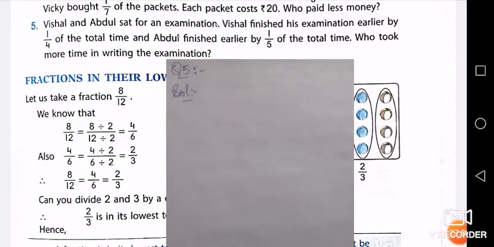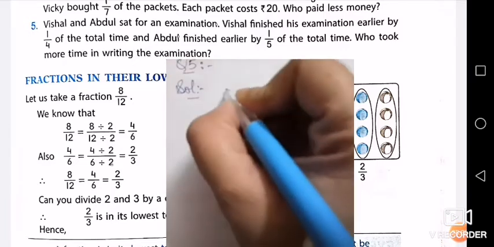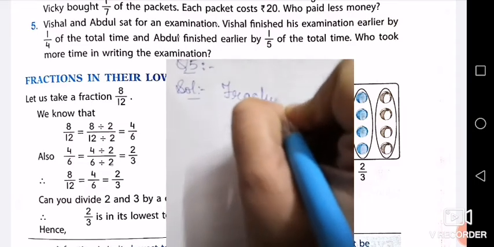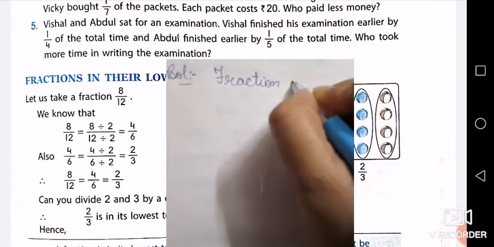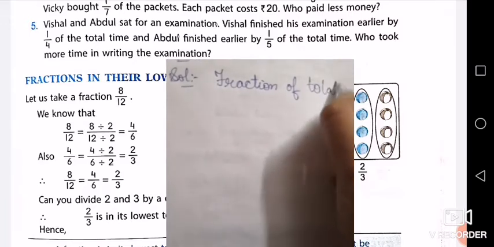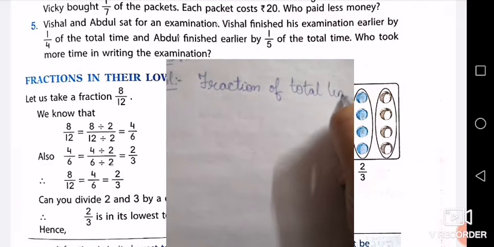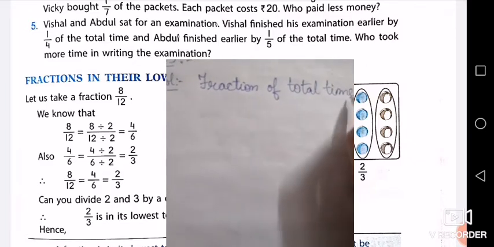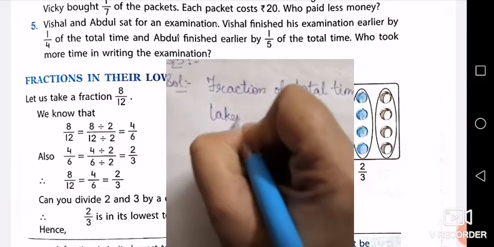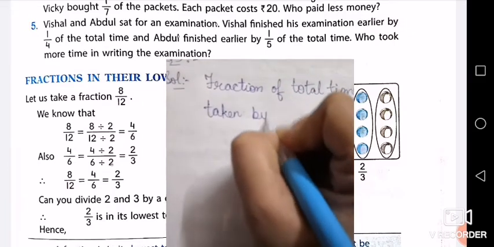So here, question number 5. What will be the first statement? Fraction of total time taken by Vishal.